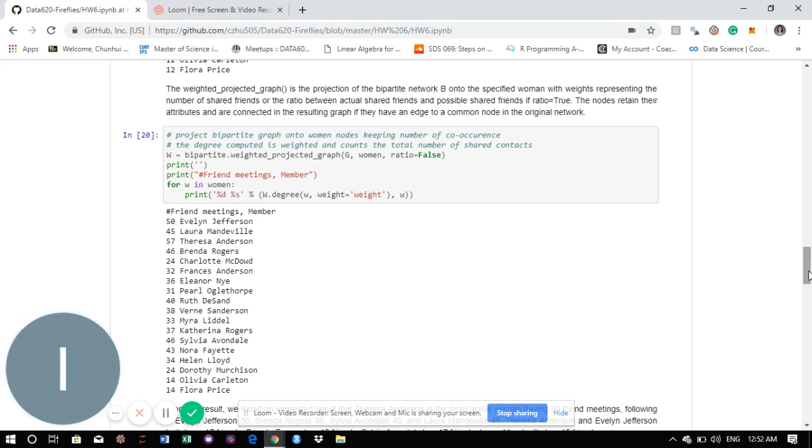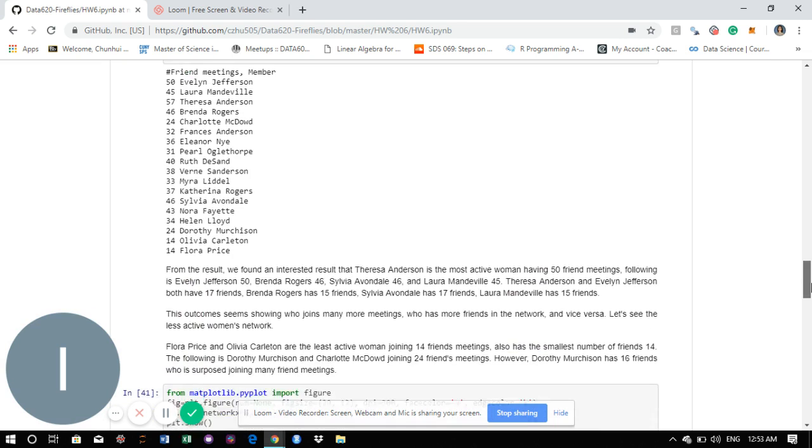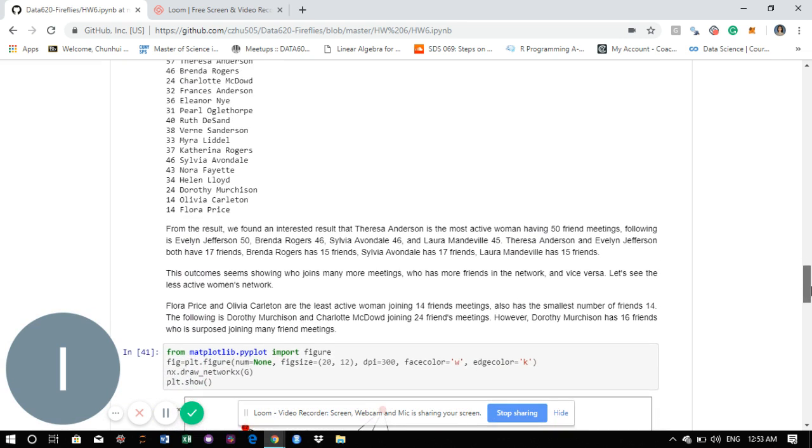From these outcomes, we can see that Evelyn has joined 50 friends' meetings. There isn't a definition for how to define this 50, but probably when Evelyn joins a meeting, three other women come too.